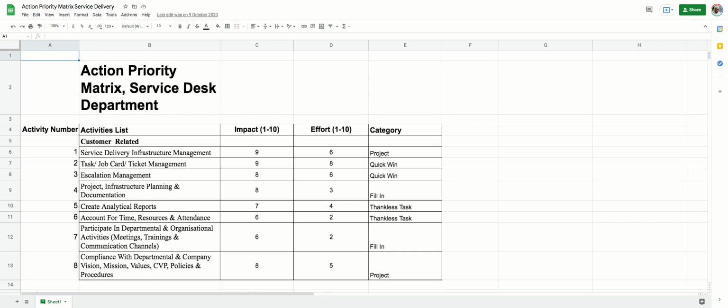We look at the impact, we look at the effort, and that tells us which category this particular activity falls into. I hope that's clear. Now that we know the 8 activities that we expect all people in the service delivery department to be doing on a daily, weekly, monthly basis, hopefully you also understand how they've been classified into one of the 4 categories: quick win, fill-in, thankless task, and projects.